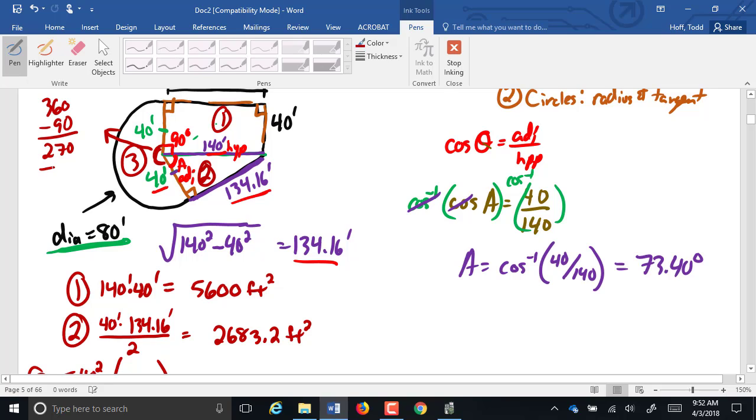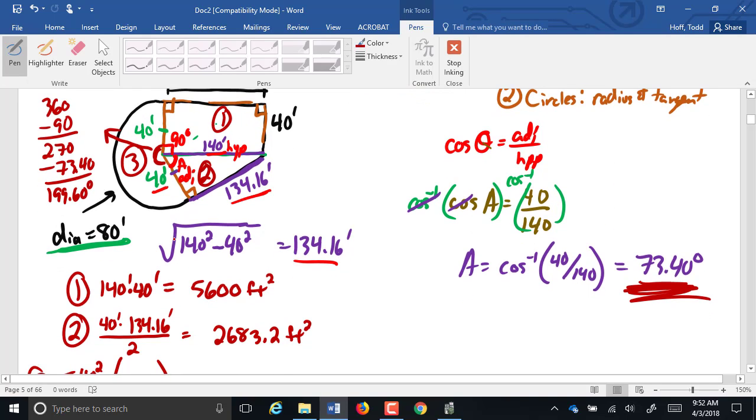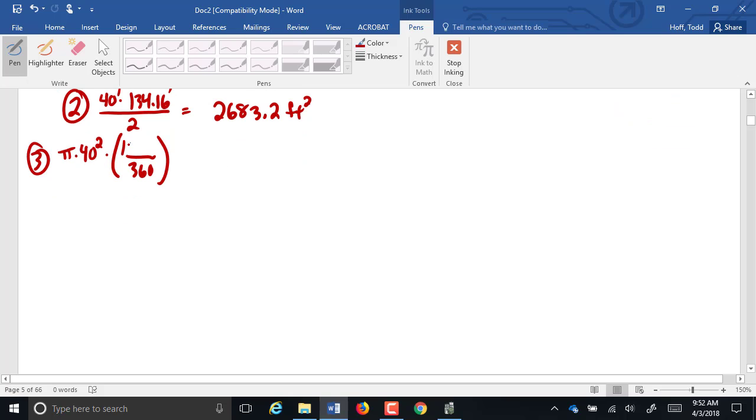What else do I have to subtract from it? 73.40. You got it. Which is 196.6 degrees. What's a few degrees among friends?